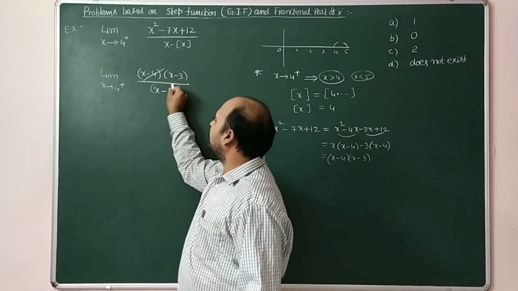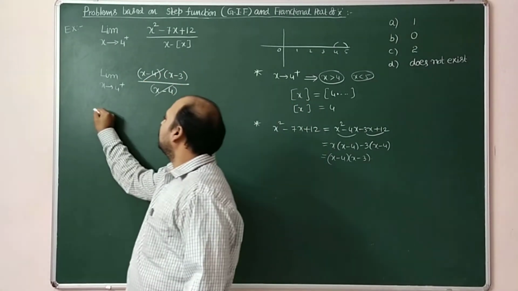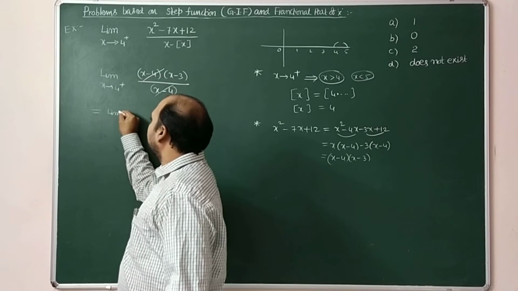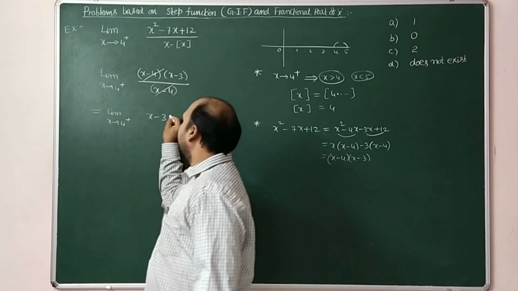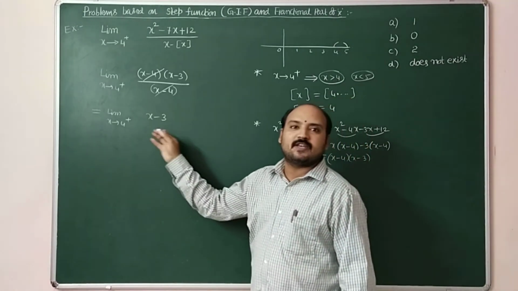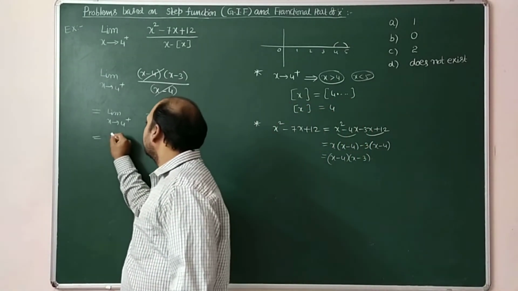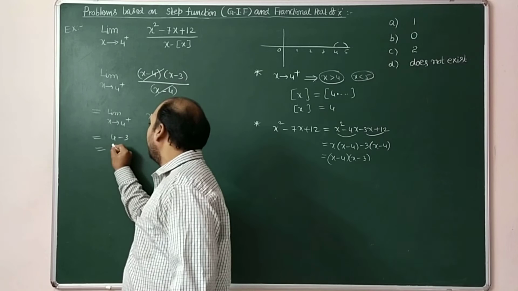So x minus 4 gets cancelled. The remaining is limit x tends to 4 plus, x minus 3. Substitute x equal to 4 here. So 4 minus 3 is equal to 1.